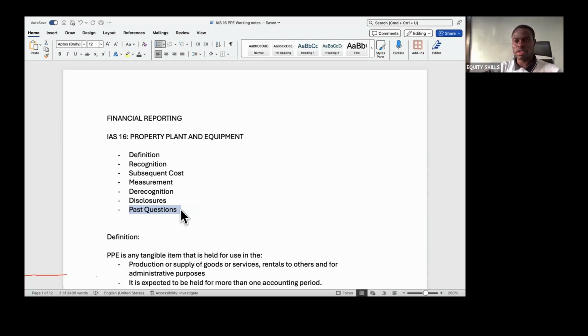But here, for PPE, when you buy an asset that would be beneficial to you for like 5 years, you will take 1 year portion of that cost. You call it depreciation. The remaining, you call it carrying amount. Unlike the rent scenario, where the first year they call it rent and the remaining they call it prepayment.